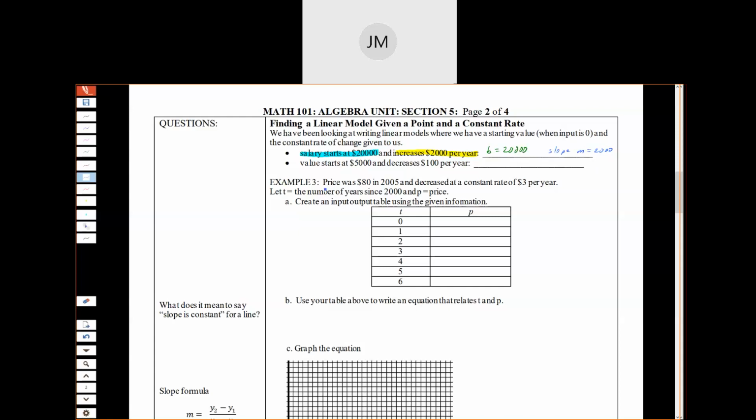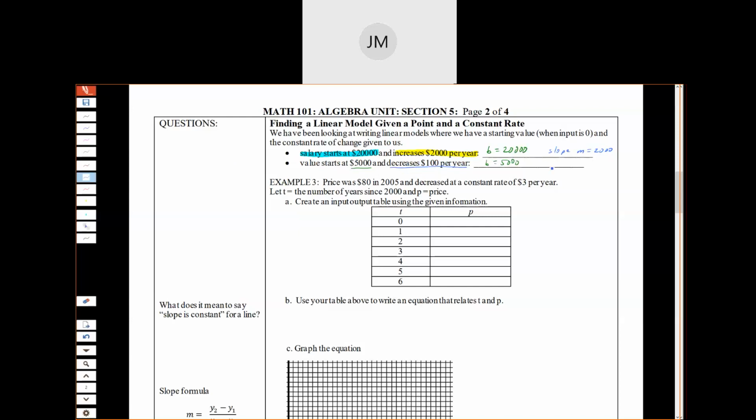Okay. So similarly with this next one, if we're told that the value starts at 5,000, then my intercept is going to be 5,000. And if we're told that it decreases $100 per year, my y value is going down by 100, so that's going to be a negative 100 per year.